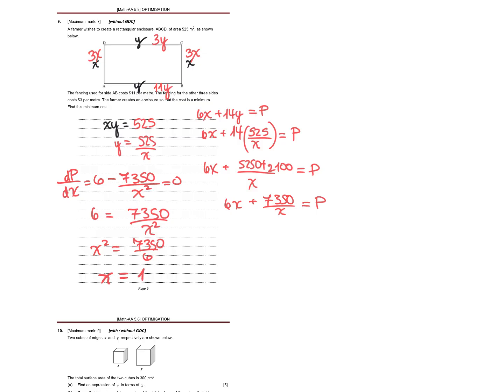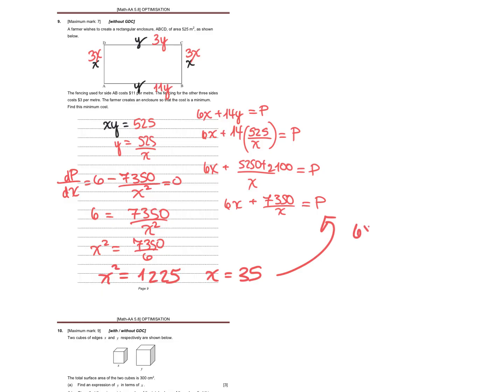So that's 1,225. That's x squared. So x is going to be 35. This would be with a calculator, I believe. So for the minimum cost, this needs to go back into this, or even better, this one.